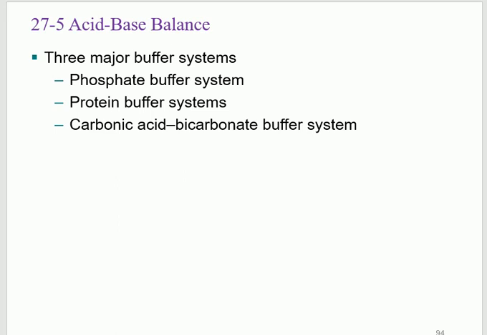So what kinds of buffers do we have in our body? Phosphate buffer, protein buffer, carbonic acid bicarb buffer. One end is carbonic acid, one end is bicarb. Carbonic acid is the weak acid, the bicarb end is the weak base. Same for those two. So 3 different types.